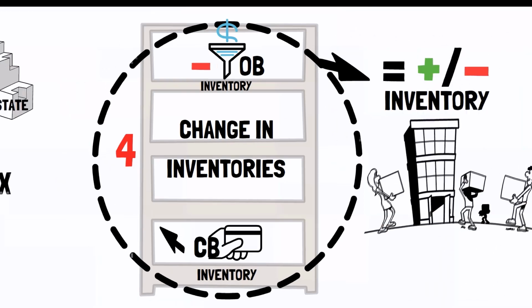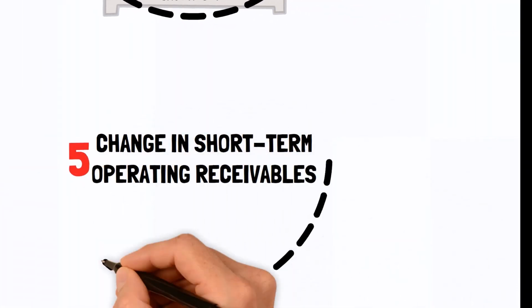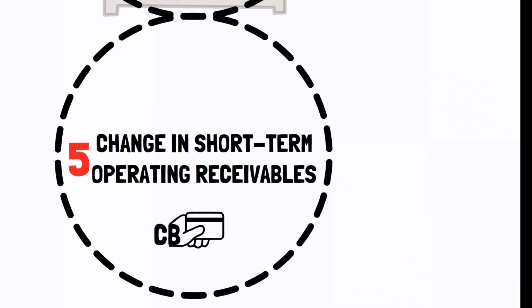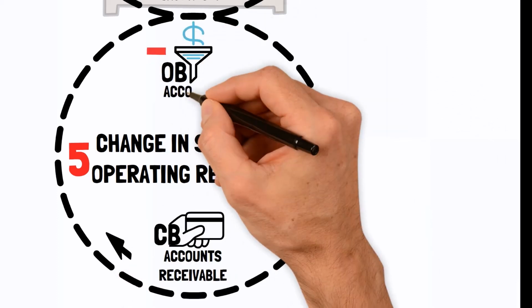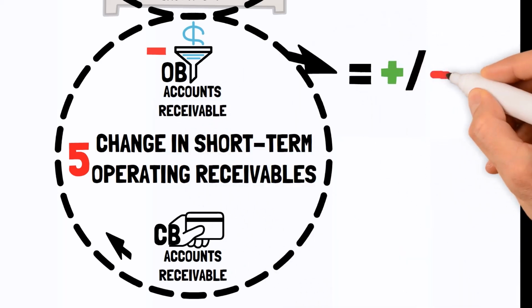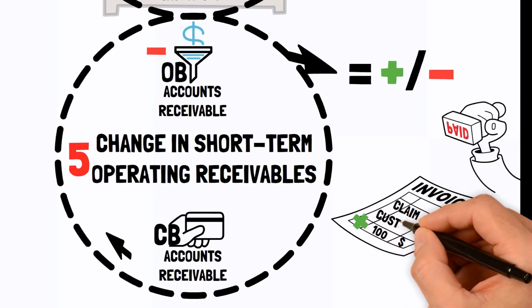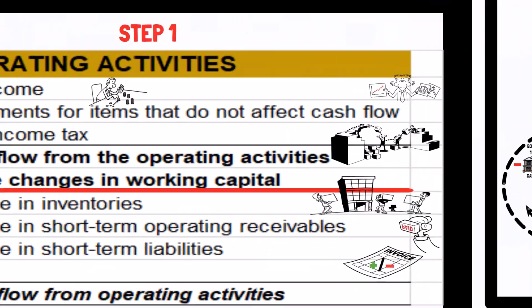The fifth part is change in short-term operating receivables. Here, in this category, start by adding the closing balance of accounts receivable and subtract the opening balance of accounts receivable. Example of receivables can be an invoice that has been sent to a customer for work performed but which has not yet been paid.